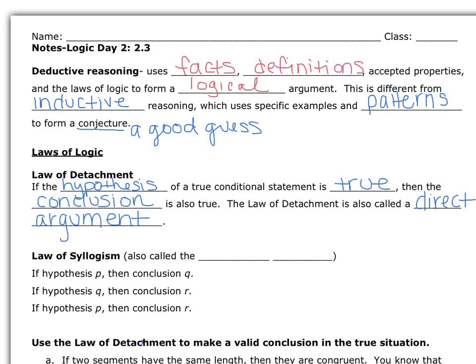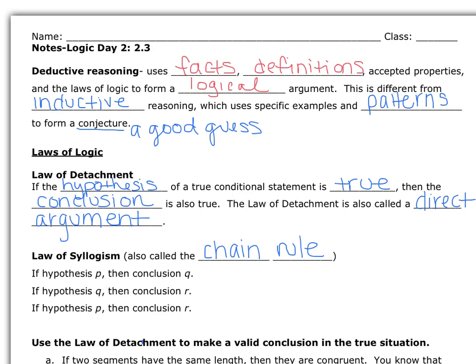And we'll talk about what the law of syllogism is, and then you'll see the difference between the two once we see the examples. The law of syllogism is also called the chain rule. It's a sequence of events, where one thing leads to the other.